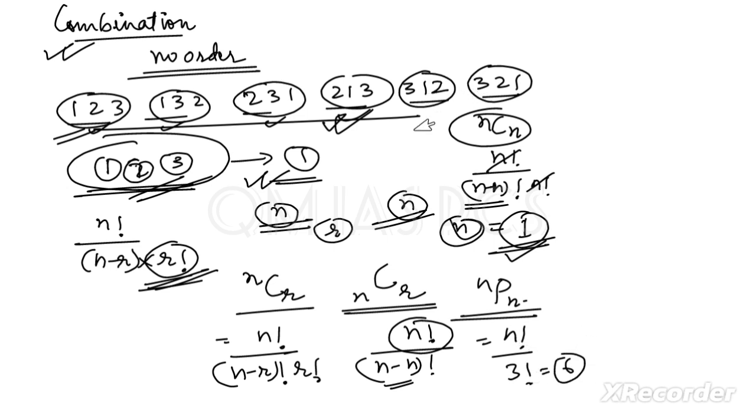So we have 6 arrangements. Is it clear now? So in case of permutation, we write nPr, and the formula will be factorial n divided by factorial n minus r. This much only. In case of combination, we have to divide again by factorial r.